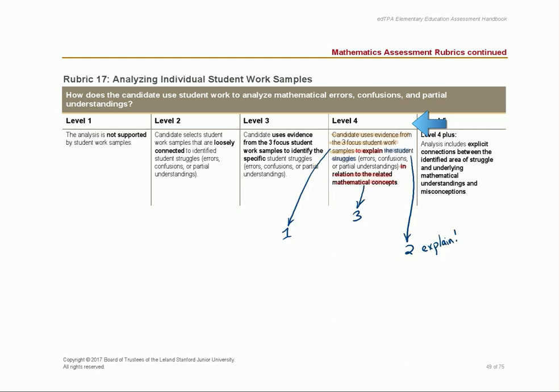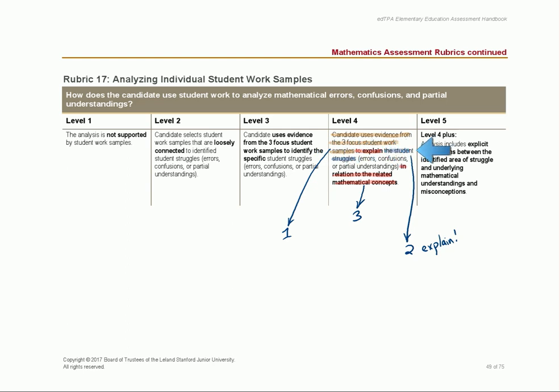In a 4, the candidate uses evidence from the 3 focus student work samples, so far the same, and here's the difference, to explain the student's struggles. Okay? And the other addition here is in relation to the related mathematical concepts. So the difference between a 3 and a 4 here is that in a 3 you're just identifying struggles.